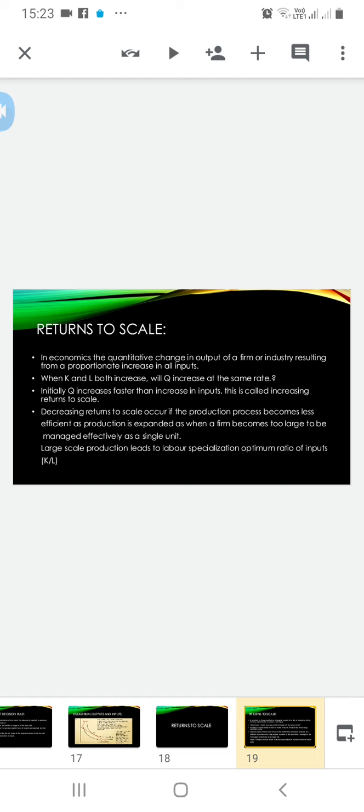Returns to scale are said to be constant when a proportionate increase in all the inputs results in the same proportionate increase in output. Returns to scale are said to be diminishing when a proportionate increase in all the inputs results in a less than proportionate increase in output.